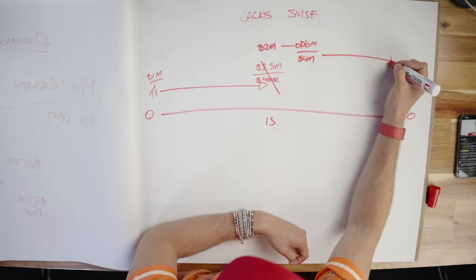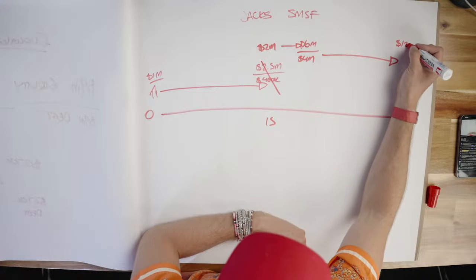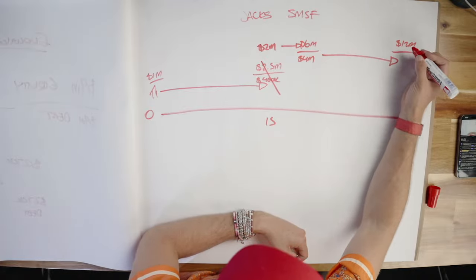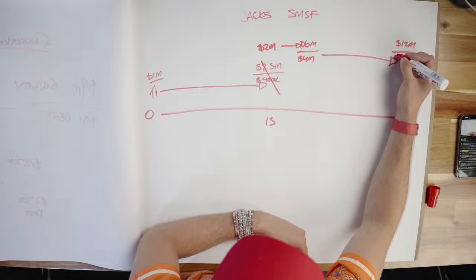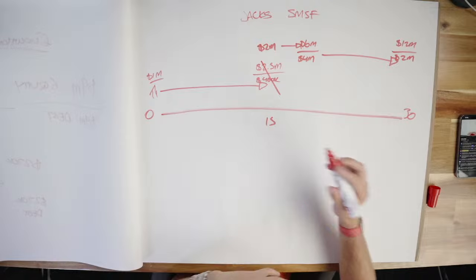Over the next 15 years, my idea is that the 6 would grow to, say, 12 million, and that 4 million would drop to 2 mil or thereabouts. Now I've got $10 million worth of capital.